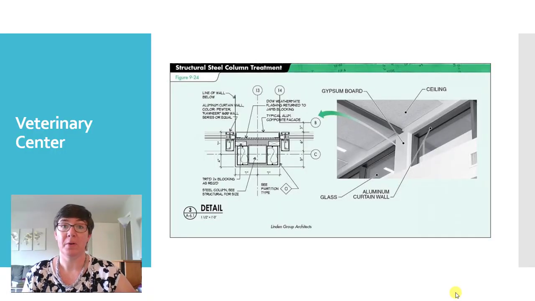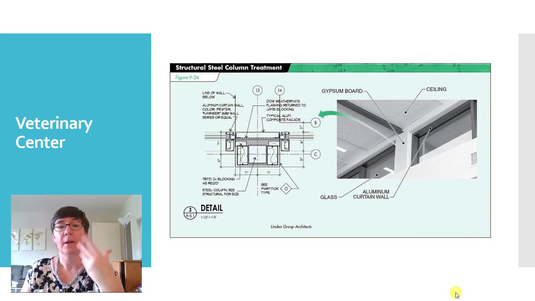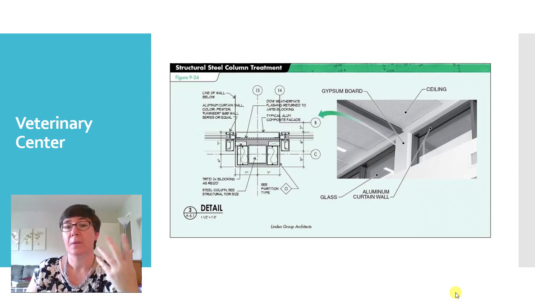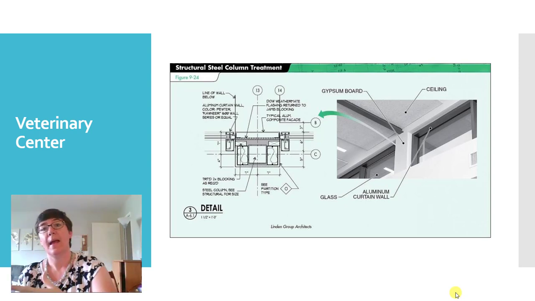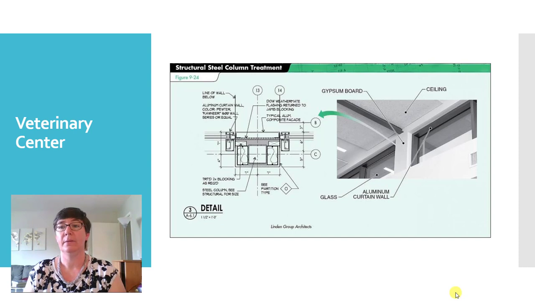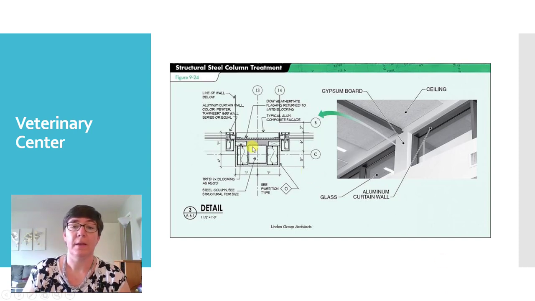Here's a figure from your book. It's figure 9-24, where your textbook is trying to show you an architectural detail and then how it looks once it's built. So in the detail, you can see right here a structural steel tube column.